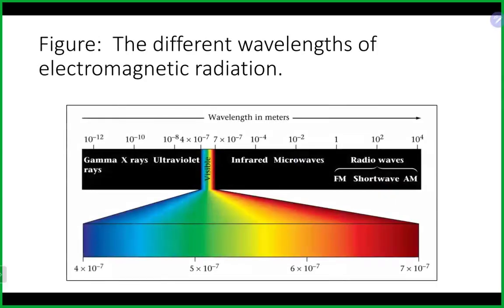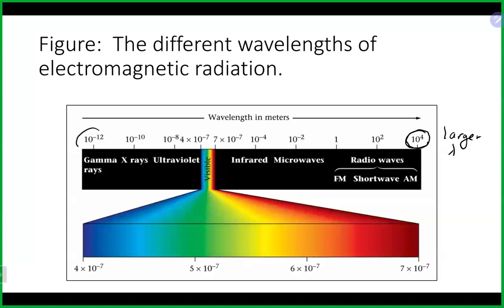Now, speaking of waves coming off when electrons transition, those waves coming off in the form of a photon of light will have a specific wavelength, and they will fall somewhere on the electromagnetic spectrum. On the electromagnetic spectrum here, at the top we have wavelength, and on the right-hand side that's 10 to the fourth, which is a larger wavelength.